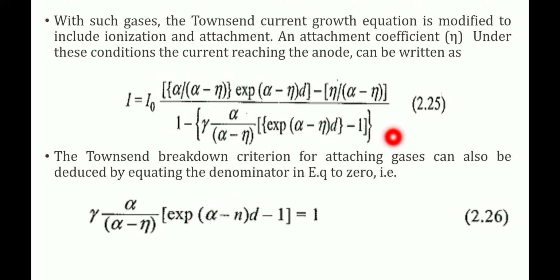When we equate this to 0, this 1 I can take to the RHS side. So I had equated the denominator to 0 here, and I had only rewritten it here.